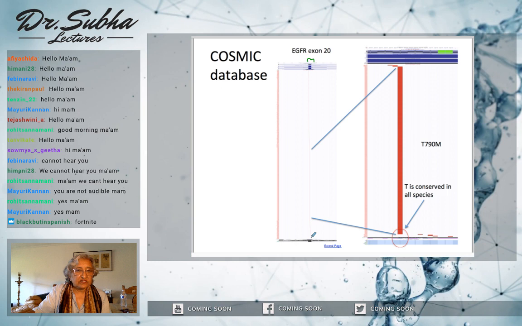The region I'm amplifying here, these are not all at the same position, although it looks like a straight line. Do you see a red straight line here? They are not the same mutation at the same site. This is a big exon, but if you look at this region in the UCSC browser, it's in the exact same position. When I amplify this region, this is what I see.